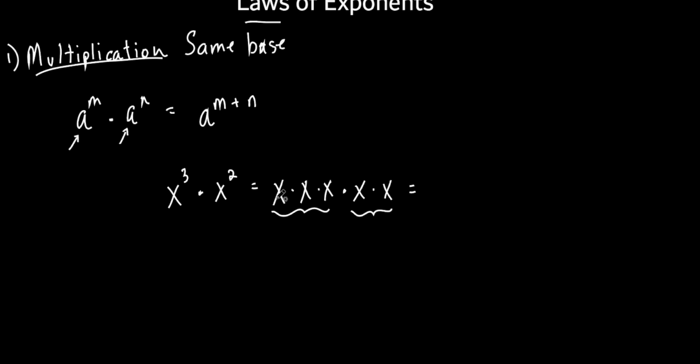Let's count them up. 1, 2, 3, 4, 5. I got 5. So this is x to the 5th power. Even though it's a multiplication problem, you don't multiply the exponents. What do you do to the exponents? You add the exponents. Everybody good? That's the reason why we add the exponents together.